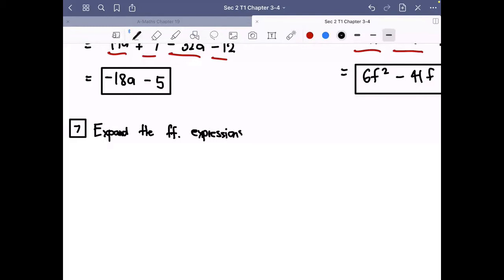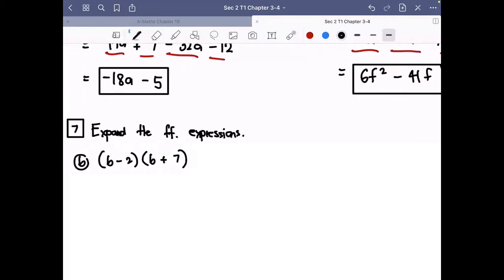Expand the following expressions. Let's have letter B, and then, class, you can go ahead and try to solve letter B.